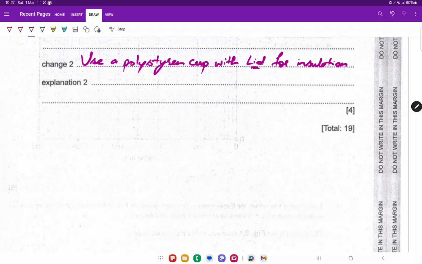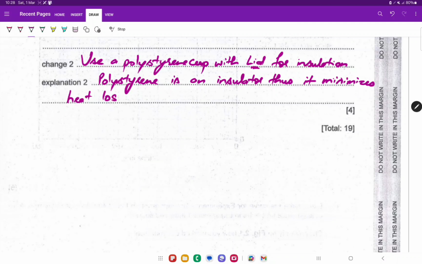Since polystyrene is an insulating material, an insulator, it minimizes heat loss to the surroundings. This will be the answer.